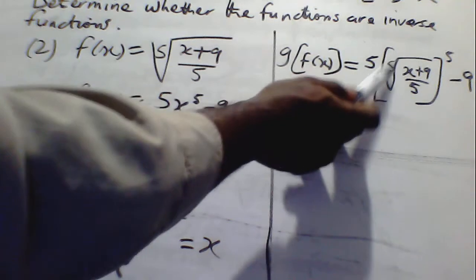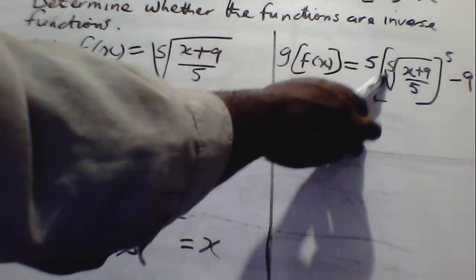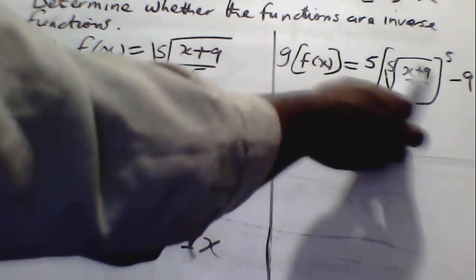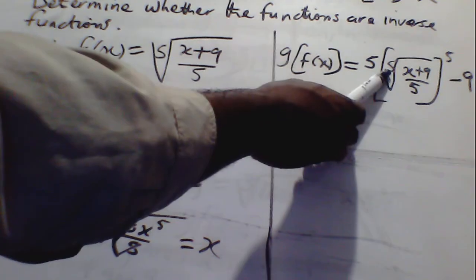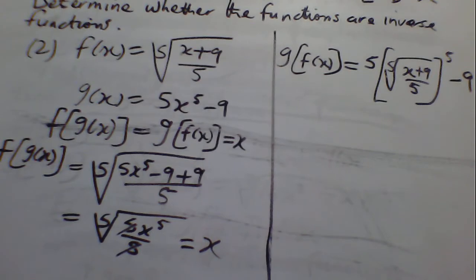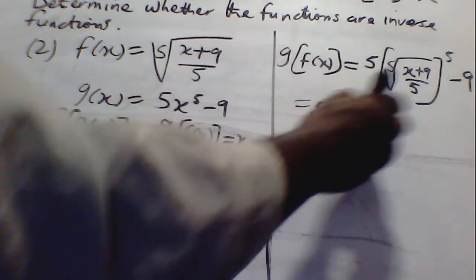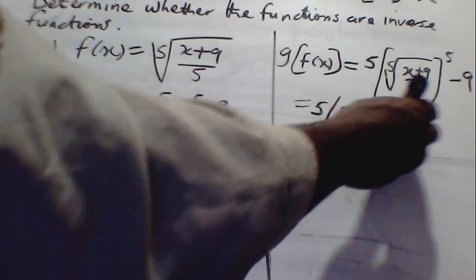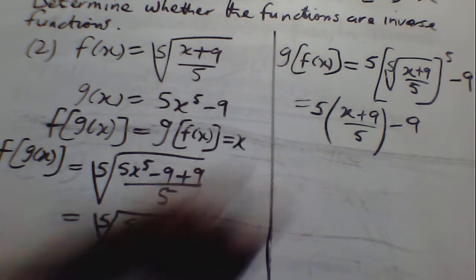So the index of the radical, we clear the exponent of the radical to give us what? We'll have 5 in bracket, x plus 9 divided by 5, minus 9.